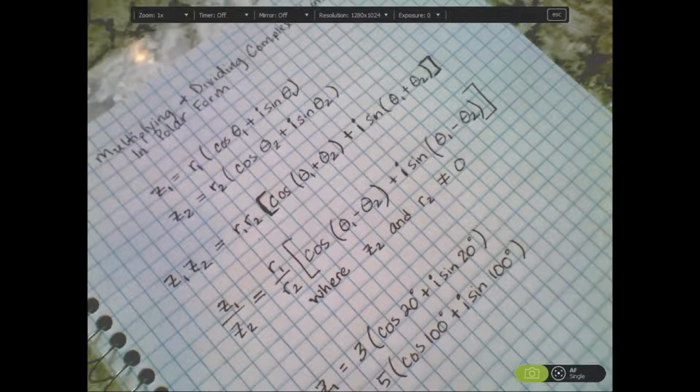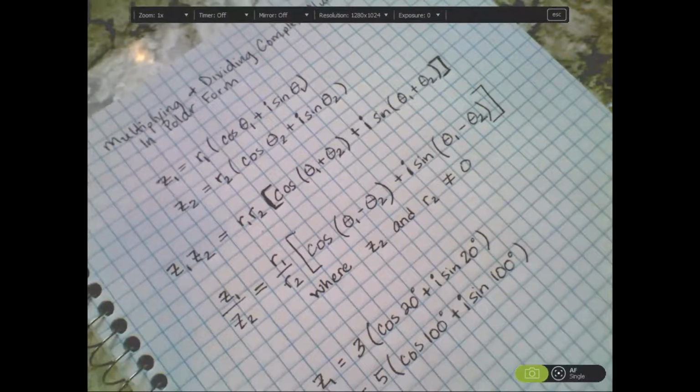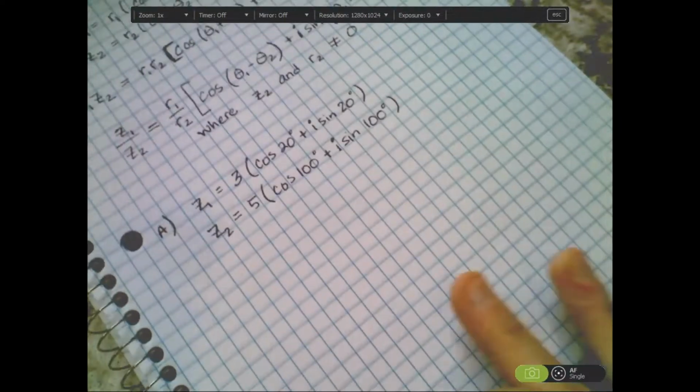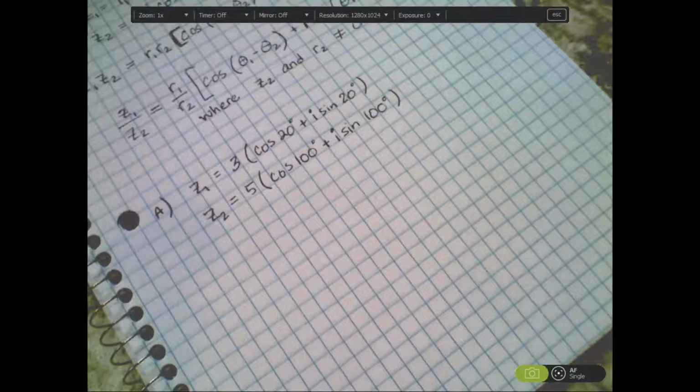I usually don't show where they come from unless somebody is curious and wants to know. I'm sure you could Google it as well. But if you're interested, I have a handout that I printed out that shows where those formulas come from. Okay, so back down to this guy.